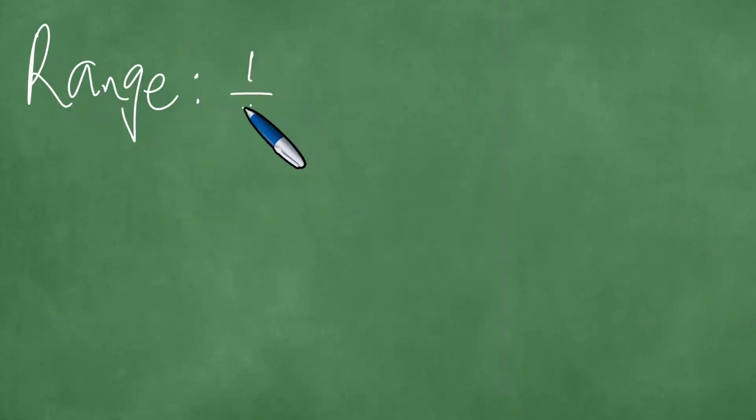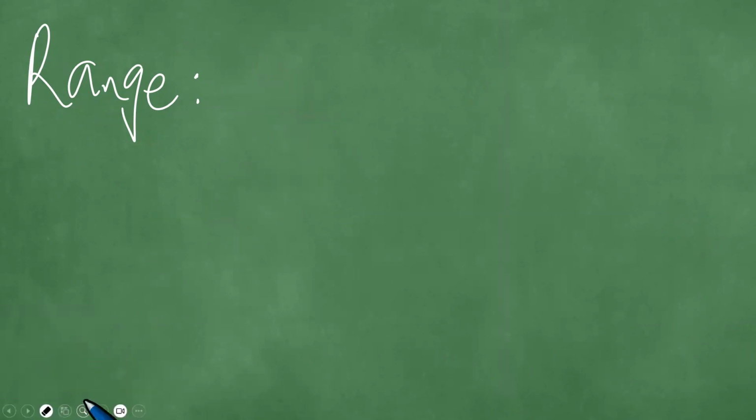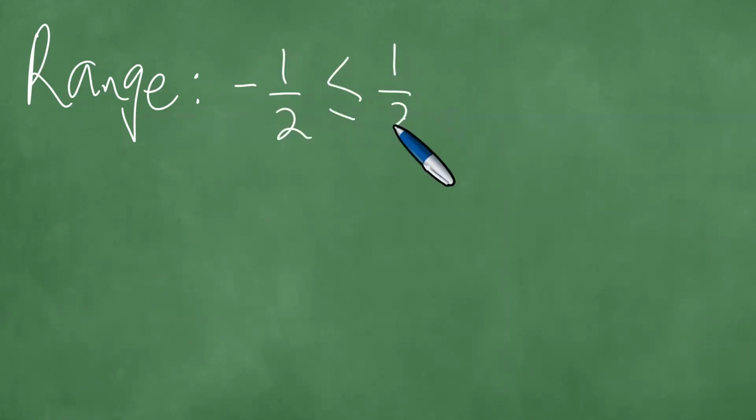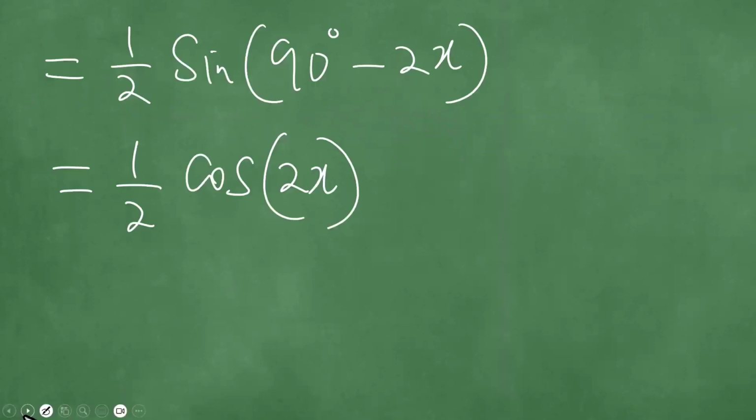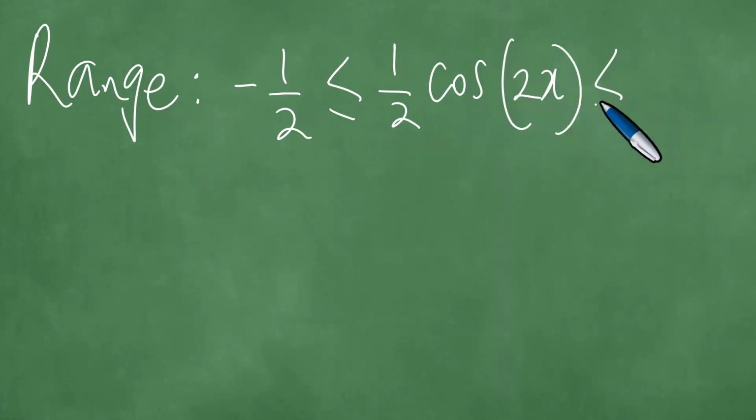So the range of this function is minus 1/2, whenever you have 1/2 of cosine 2x. In other words, half cosine 2x lies between minus 1/2 and 1/2.